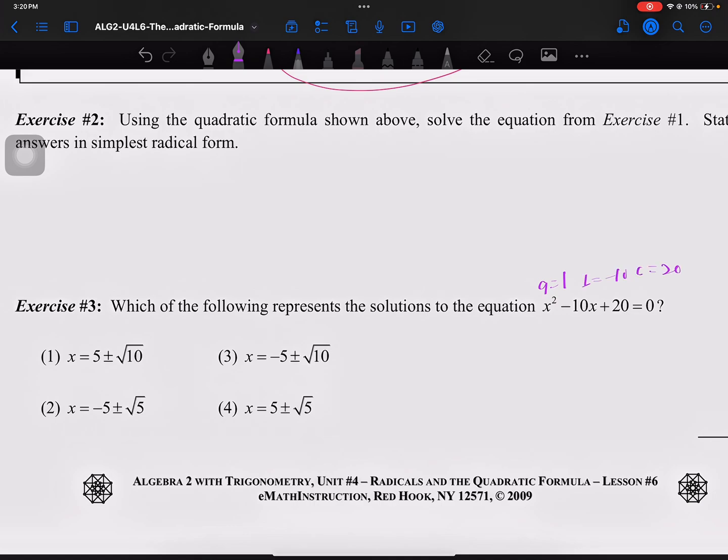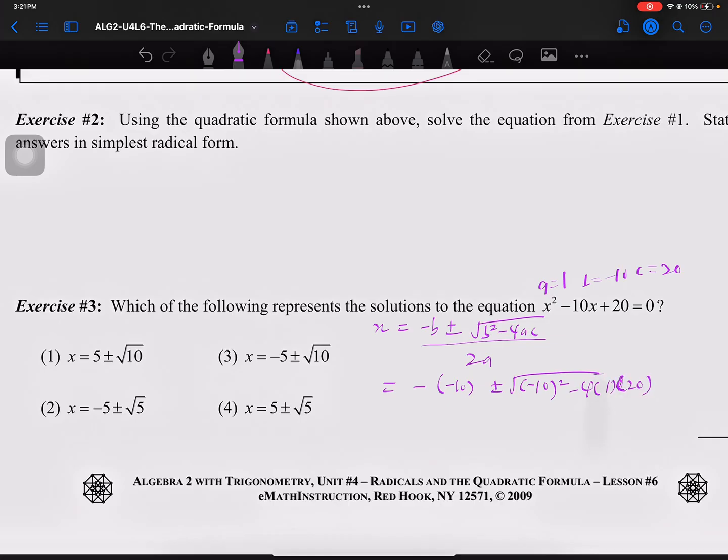Now I have already identified my a, b, c after comparing with the original equation, ax squared plus bx plus c. So I put into the formula negative b plus minus the square root of b squared minus 4ac over 2a. Negative b is negative 10, plus minus the square root of negative 10 squared minus 4ac.